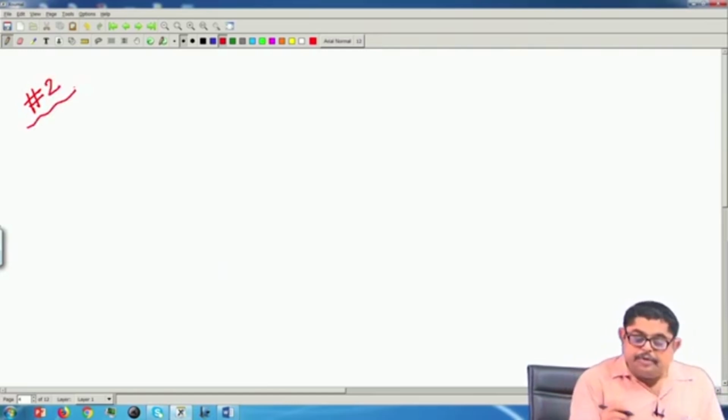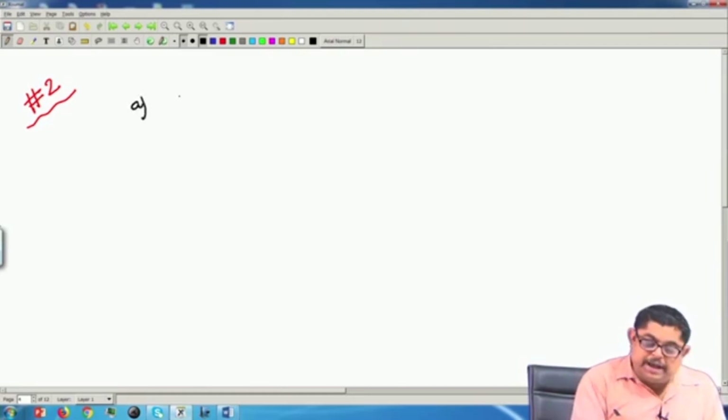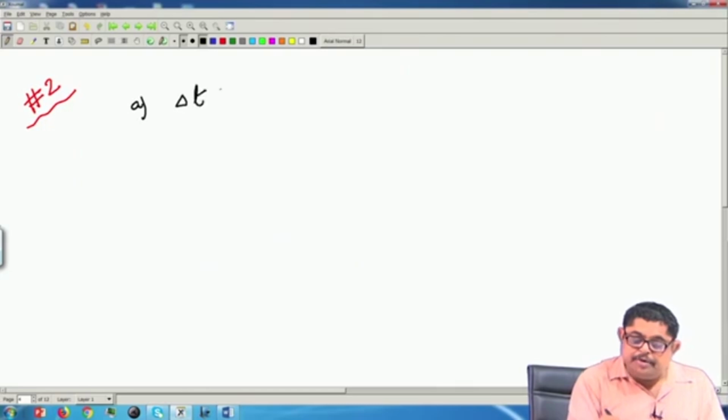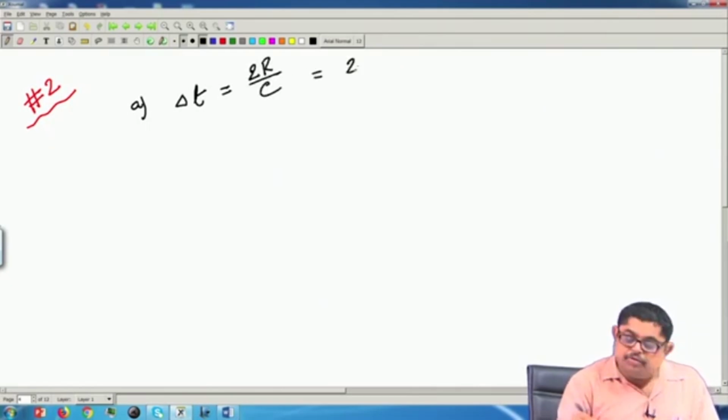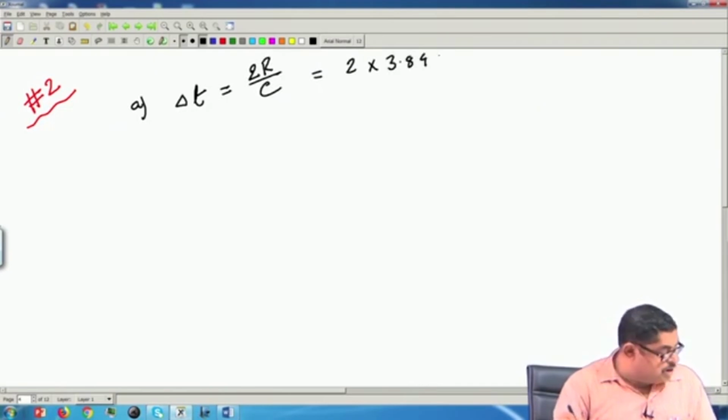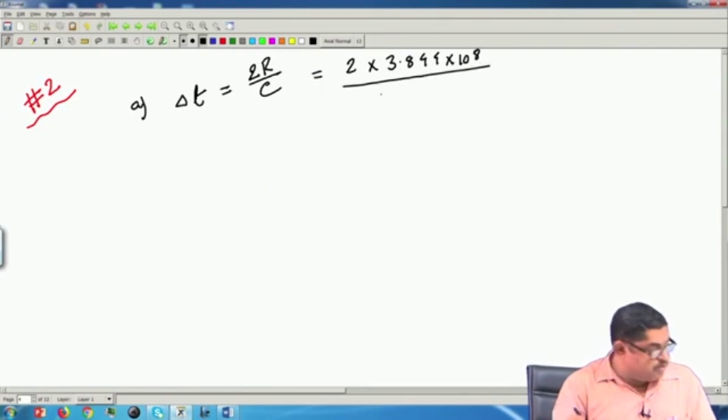Now, here the first part is easy: what is the delay, or you can say the time delta t for the two-way travel. That will be 2R by c, and you know the distance is given: 3.844 into 10 to the power 8 by 3 into 10 to the power 8.